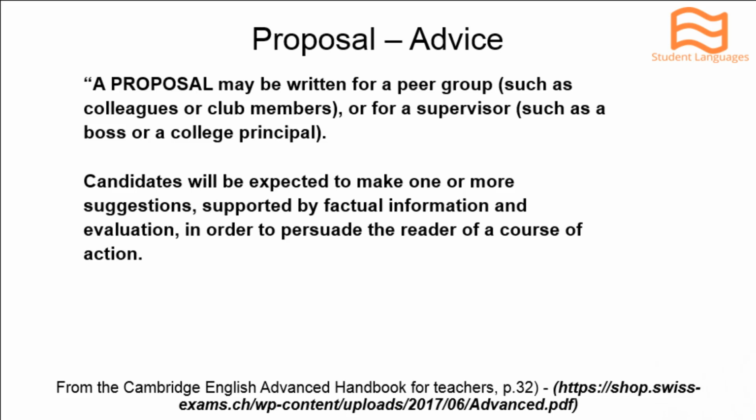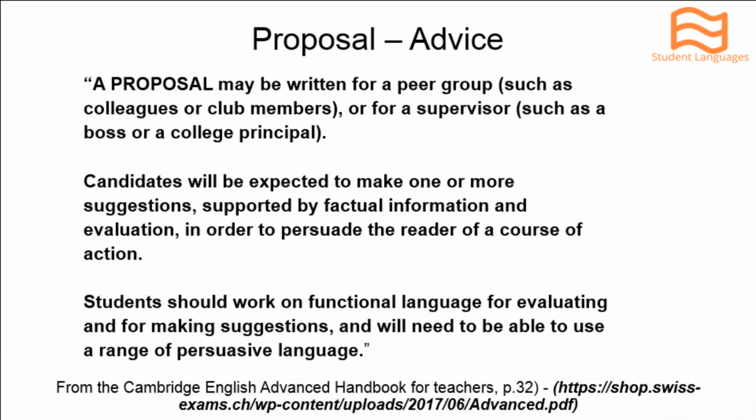Candidates will be expected to make one or more suggestions, supported by factual information and evaluation, in order to persuade the reader of a course of action. Students should work on functional language for evaluating and for making suggestions, and will need to be able to use a range of persuasive language.